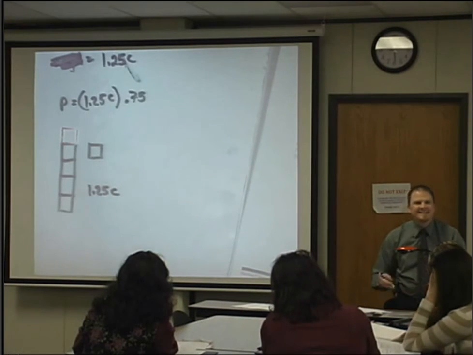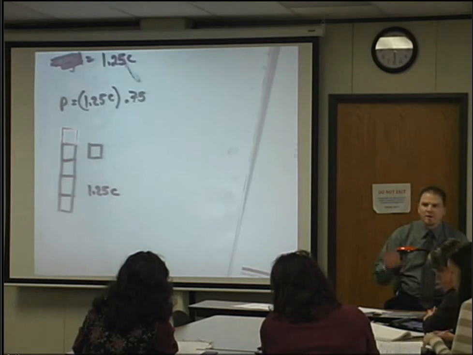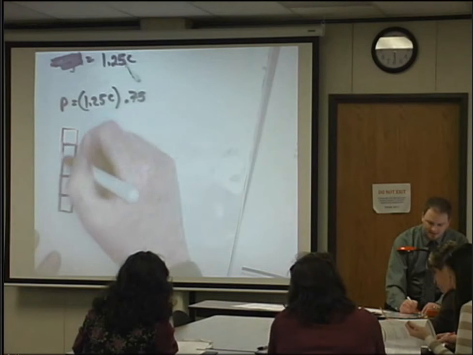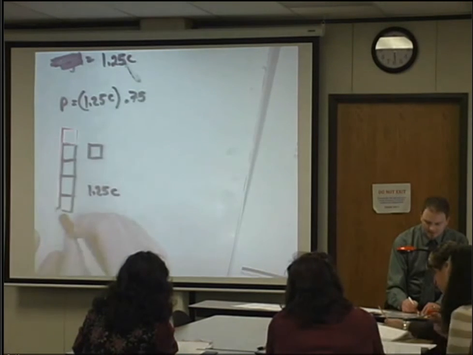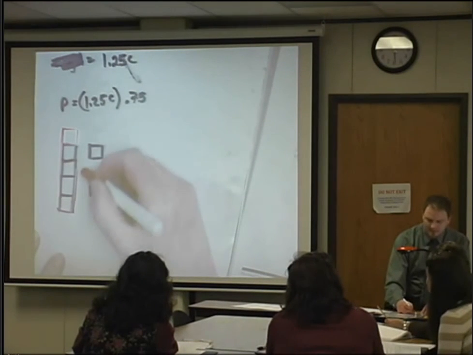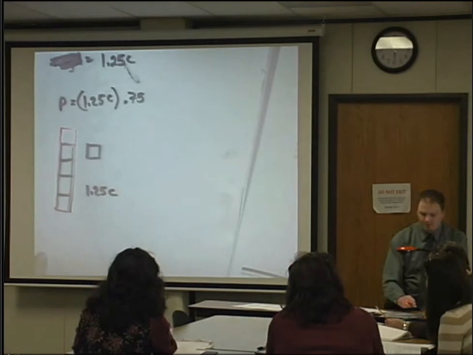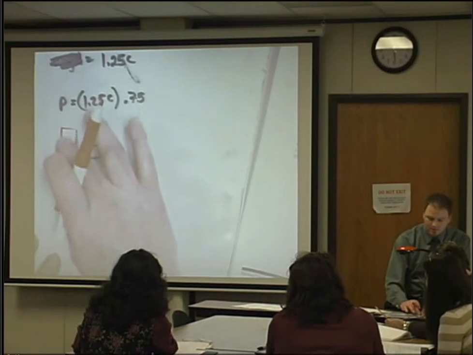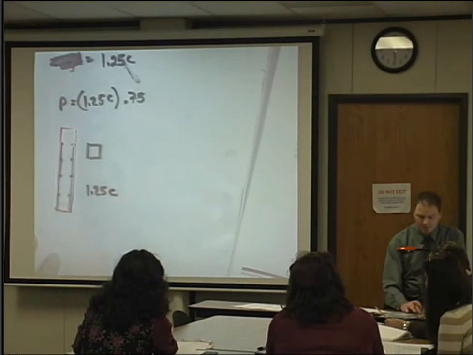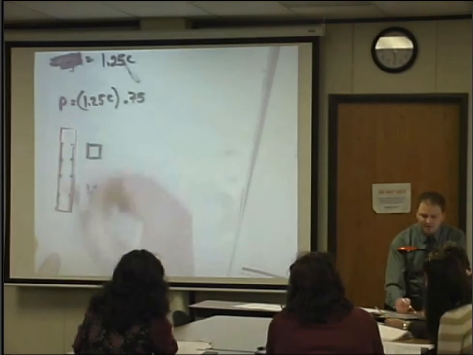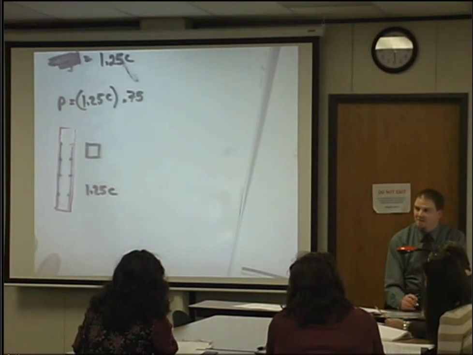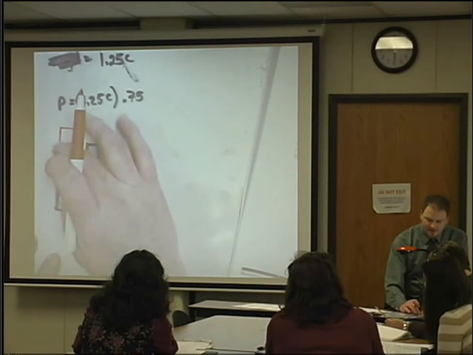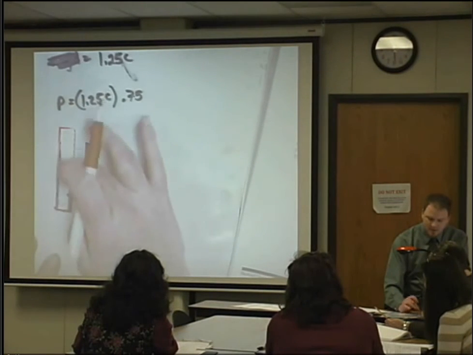But now if they're going to take 25% off of that, I'm looking at the whole thing, no longer just the blue whole. I still know that this whole entire thing is 1.25C, right? But now I want to take 25% off of that.